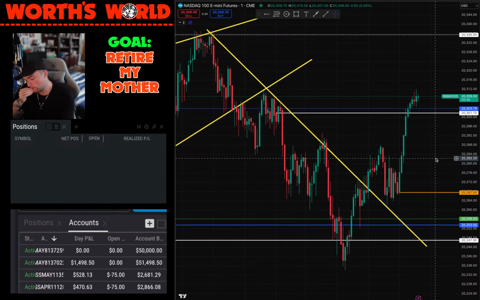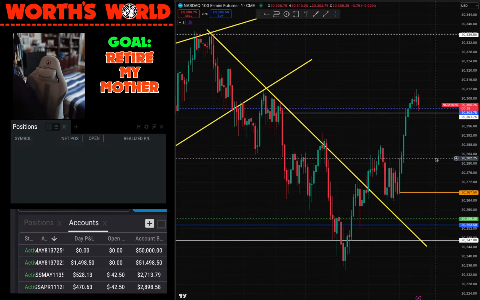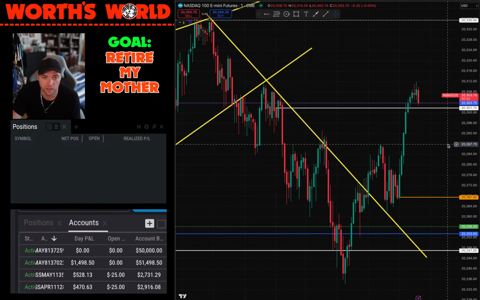My strategy, I played good price. Could see a break even exit here, though.